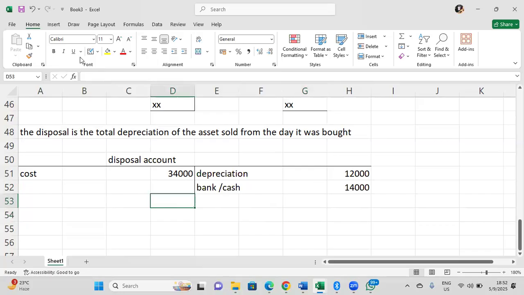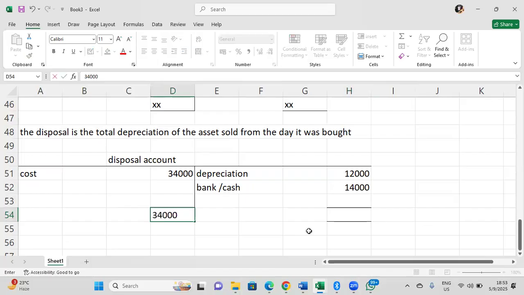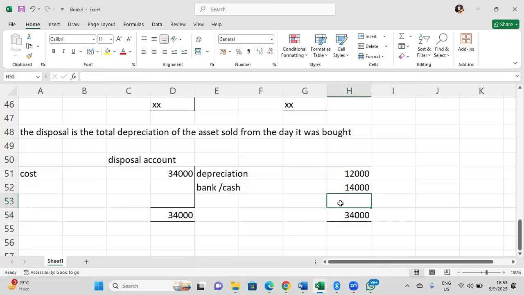Let's balance the account. Taking the difference, 3412 plus 14, that's 26. So it means this side is the credit side. When you total, on this side you put your balance.